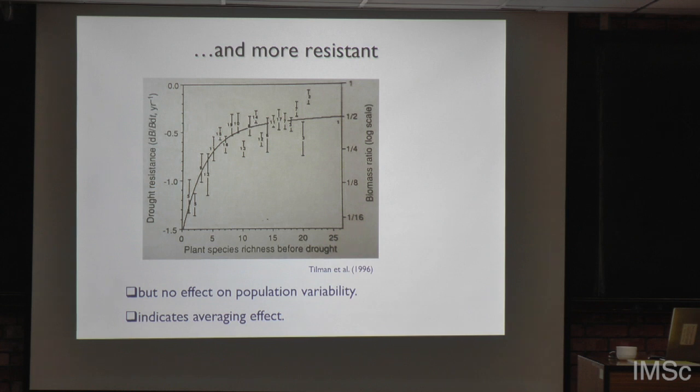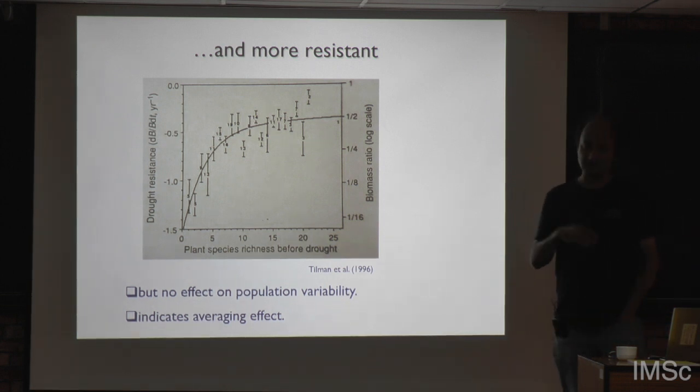And both this effect, the resistance to drought, and the earlier effect, the higher total biomass, could have alternative theoretical explanations. People have shown that it could be just an averaging effect. So you have a larger number of species, and when you average over that larger number of species, things smooth out much more than if you have fewer species.